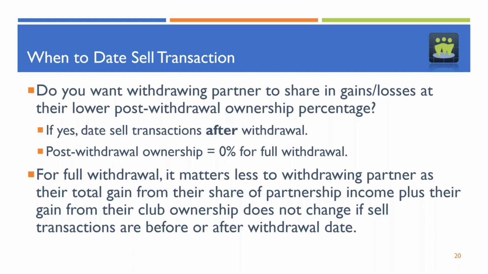So their gain from their withdrawal will be less, and the total ends up being about the same: their share of the current year income of the club, plus their gain from their club investment, ends up being pretty stable. The total stays about the same. It just is distributed differently depending on how you date the sale transactions or other income transactions.